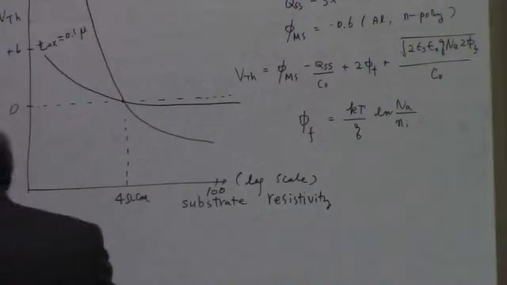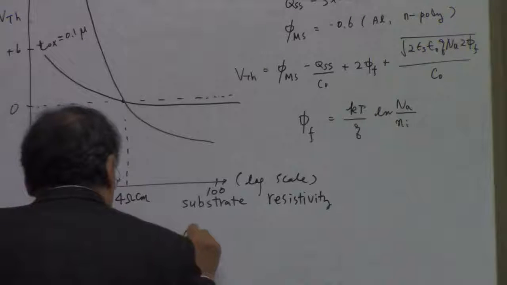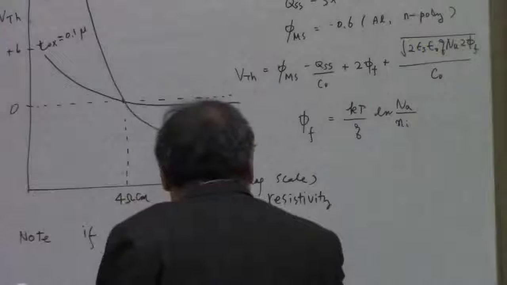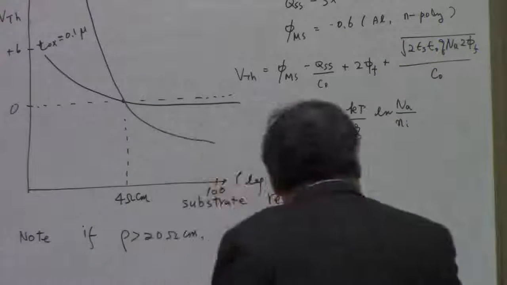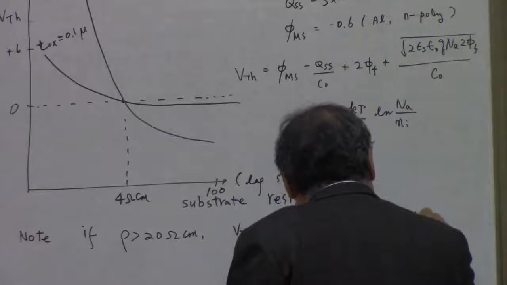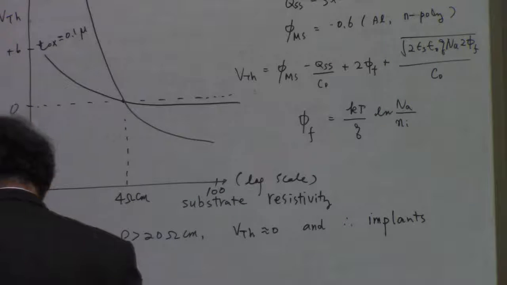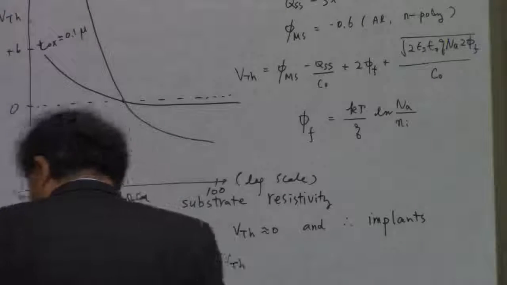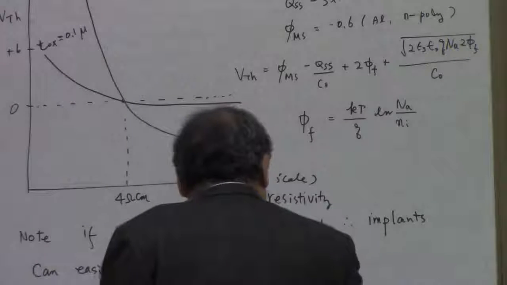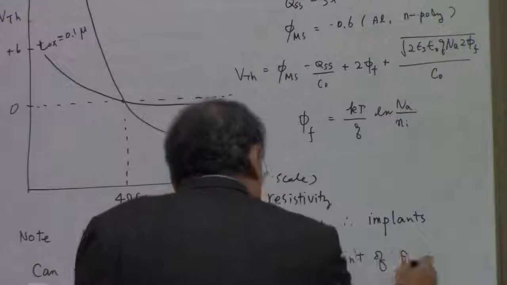So in this experimental data, we can see that, note, if resistivity is greater than 2 ohm centimeter, then threshold voltage becomes 0, and so implant can easily control threshold voltages independent of substrate resistivity.